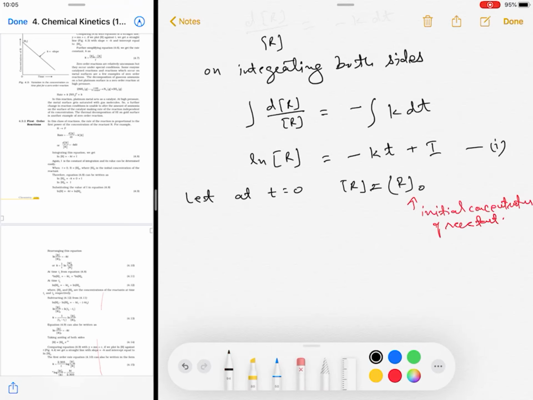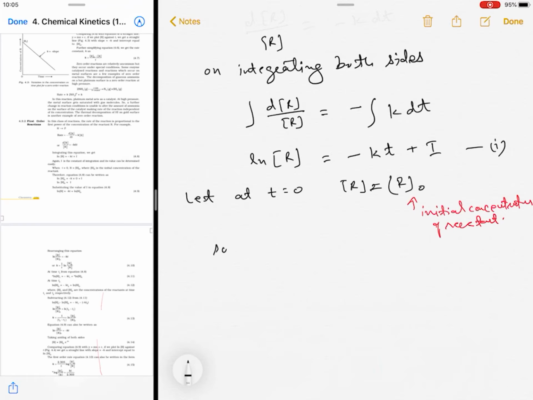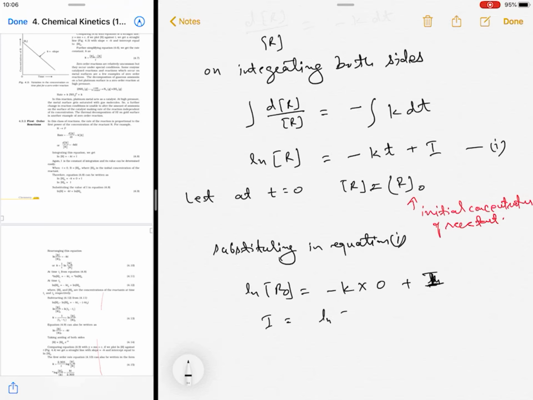If we substitute these values in equation 1, we get natural log of R equals minus k into 0 plus I, and the natural log of R naught equals this plus I. So here we get I equal to natural log of R naught.